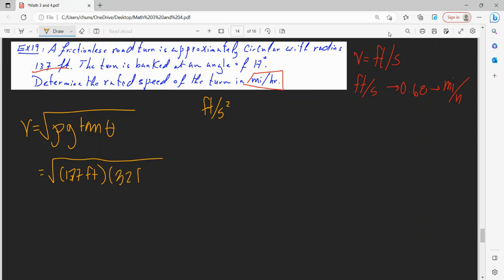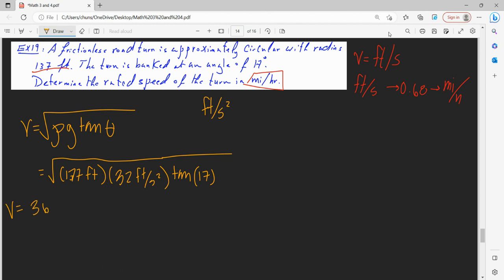So this is given by 32 feet per second squared. Then tan of our angle, 17. So that's 137 times 32 times tan 17.